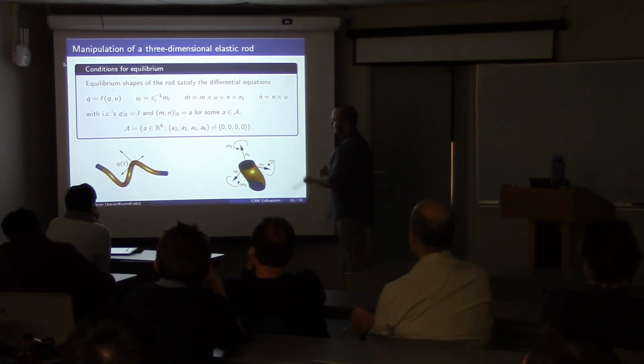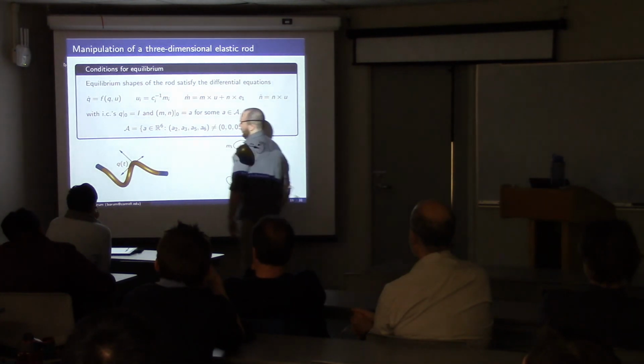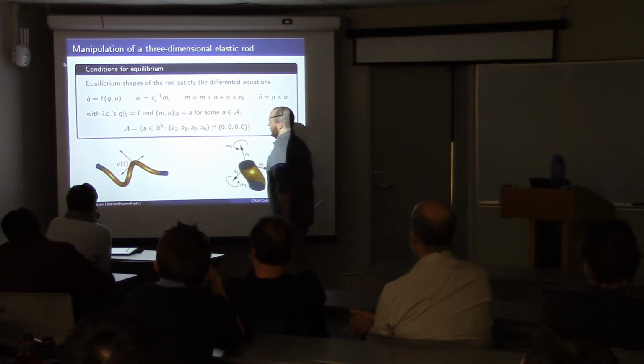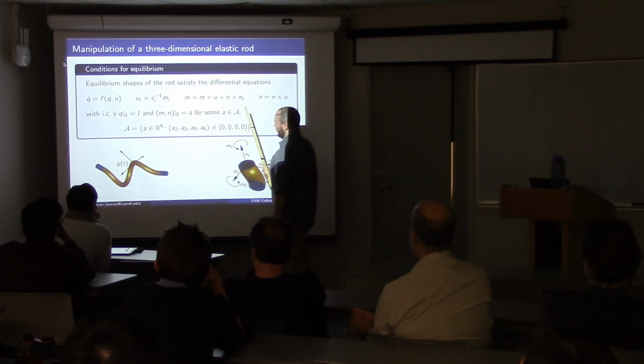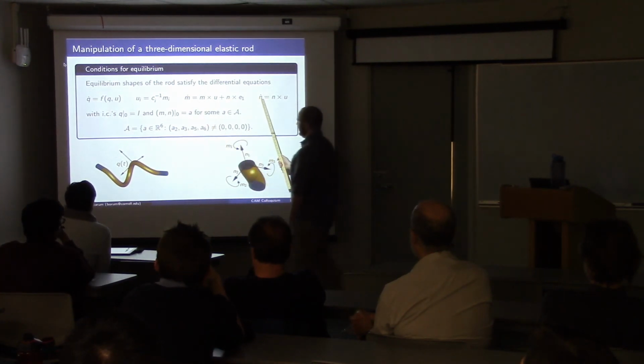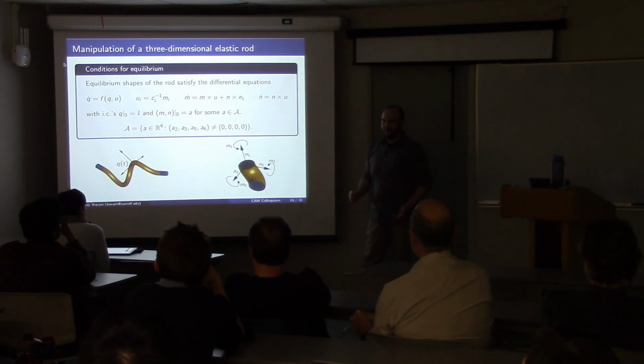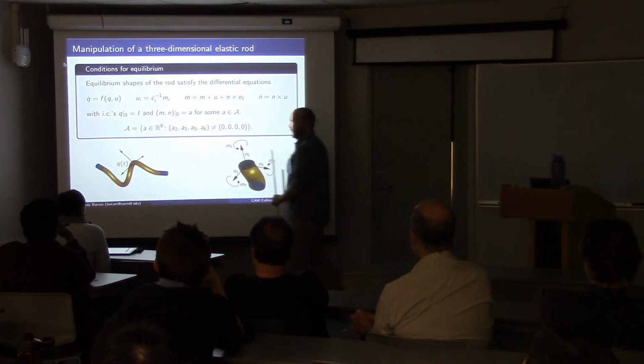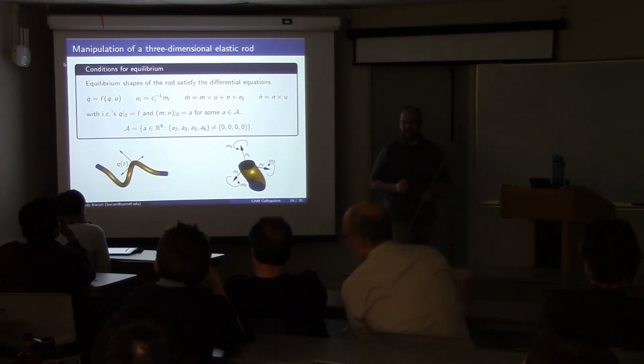We also have initial conditions. We have an initial condition for Q that fixes this end of the rod. If we specify the initial condition for our moments and forces, we'll get a unique solution. Same as in the planar case, but now, since we're in 3D, the moment and force have 3 components each, so we have to specify 6 numbers rather than 3.